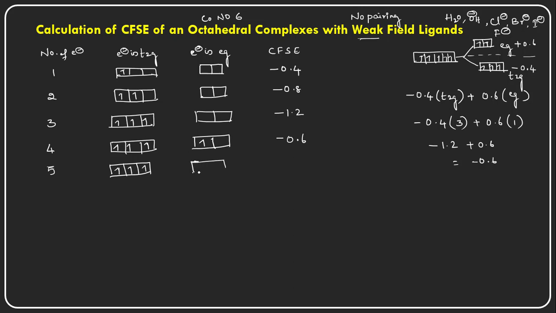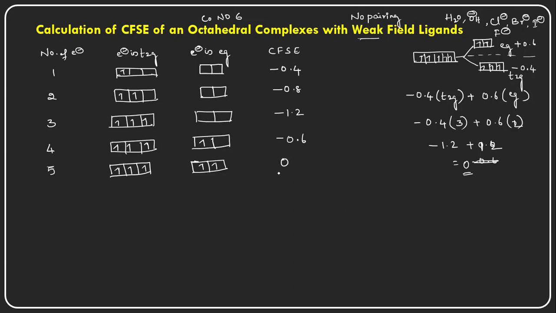So here the Eg orbitals also have 2 unpaired electrons. Now you see, minus 0.4 into 3 electrons present in the T2g orbital, and in the Eg orbital there are 2 electrons now. That means minus 0.4 into 3 will be minus 1.2, and 0.6 into 2 will be plus 1.2. So the value will become 0 now for the 5 electrons.